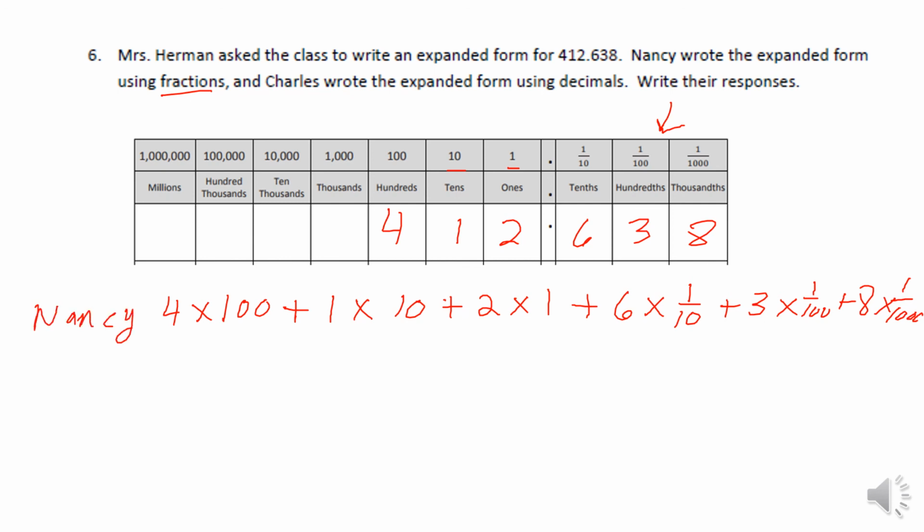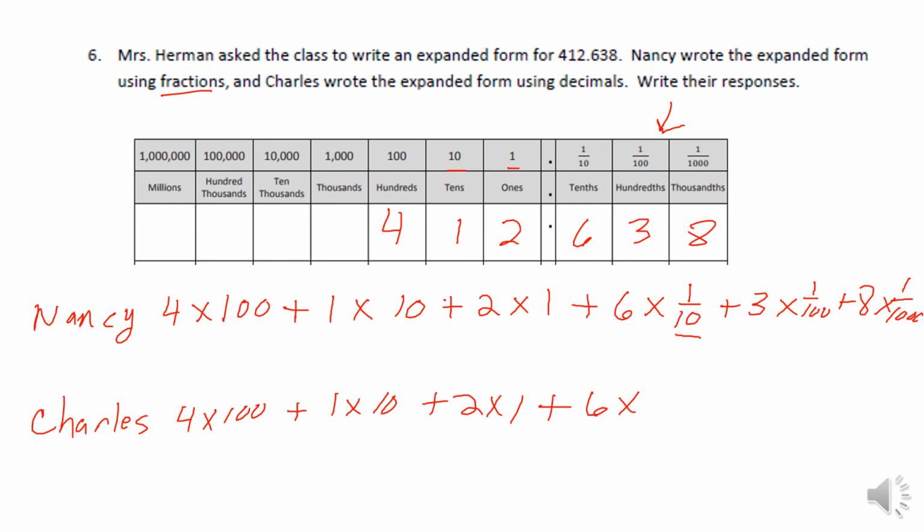Now the second one was Charles. The first part of Charles is going to be exactly the same, because it's saying write it in decimals. So Charles is going to be pretty much the same, with 4 times 100 plus 1 times 10 plus 2 times 1 plus 6 times, okay, now this is where the difference is. This is 1/10.